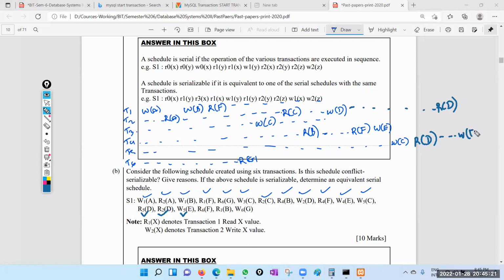Write 5E. Read 6F, read F. Read 1B. And finally write 6G.